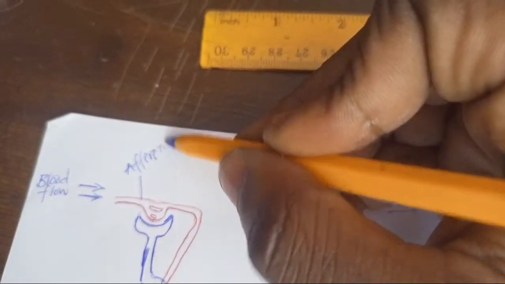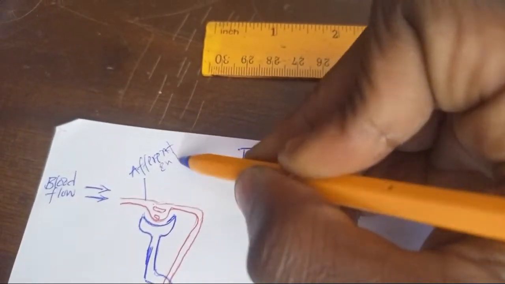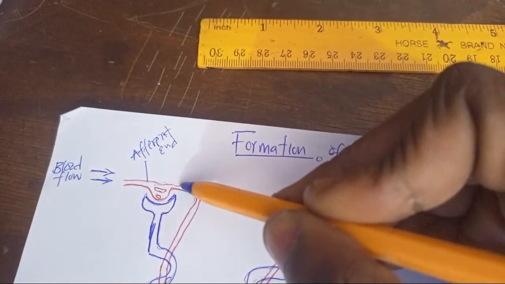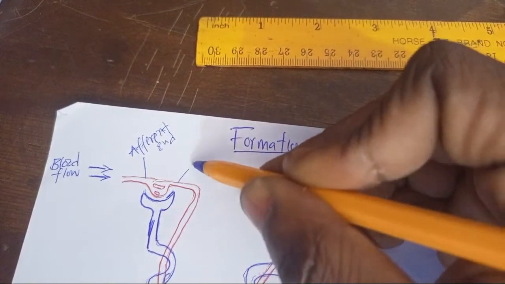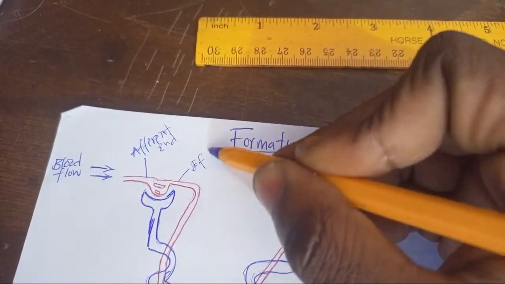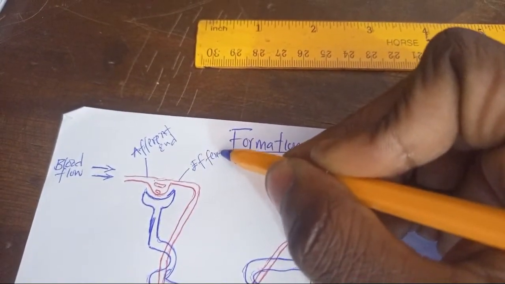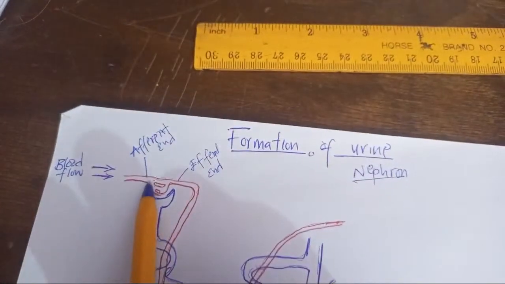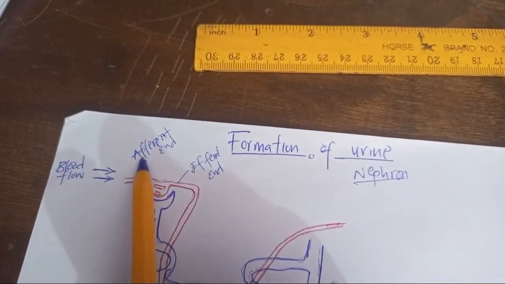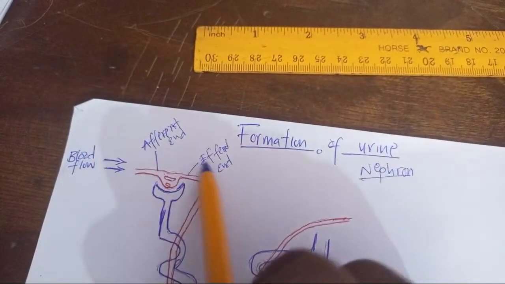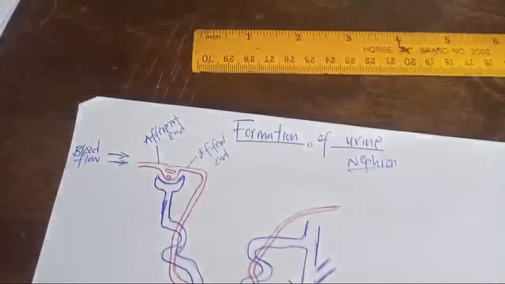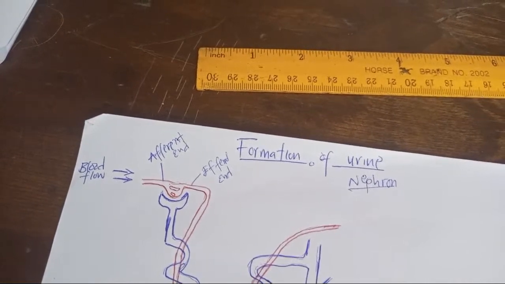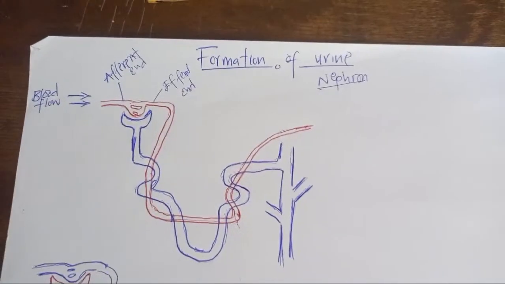Then the exit, this one, is called the efferent end. So the entrance is the afferent, the exit is the efferent end. That's what you need to understand first as we're beginning.